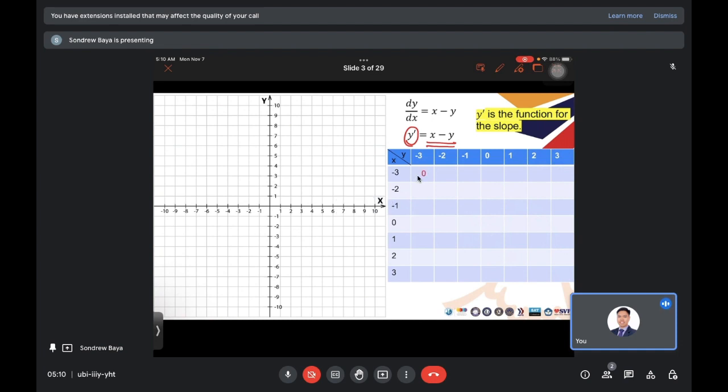If you plug in your x and y to this function, you will get a y prime equal to 0. What does it mean? It means that at negative 3 comma negative 3, slope is equal to 0. That means we can just create a horizontal line at that particular point.